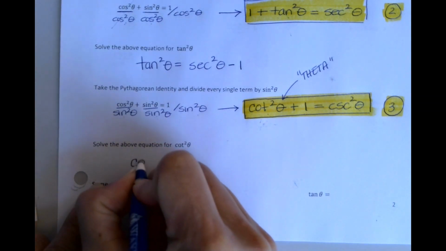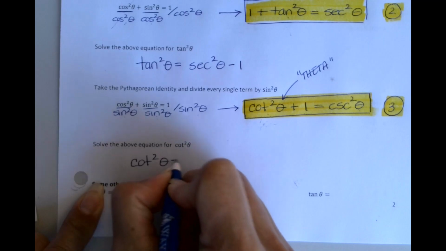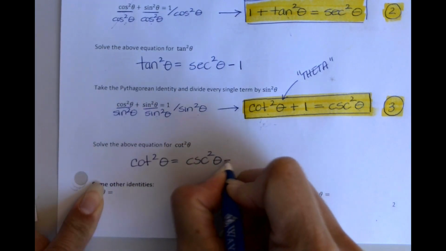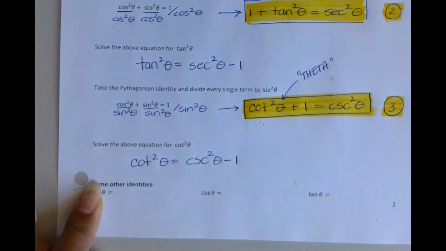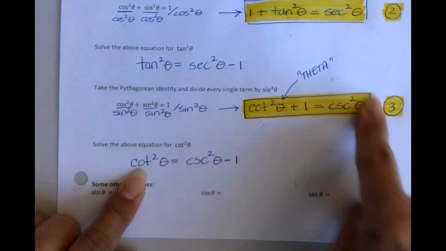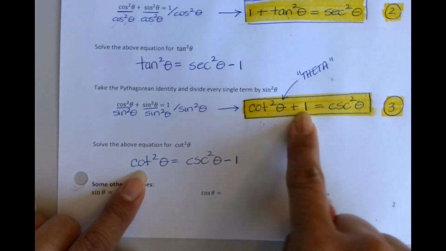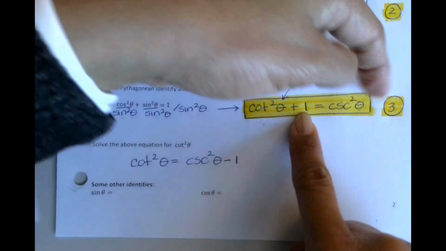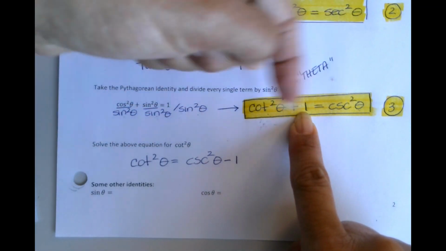So cotangent squared theta is going to equal the cosecant squared theta that's on the other side, and the minus 1 that joined it from the left-hand side. Again, this can be manipulated for whatever you wanted. So if I wanted to solve for 1, this cotangent squared will go over to the other side, and it would be cosecant squared theta minus cotangent squared theta.